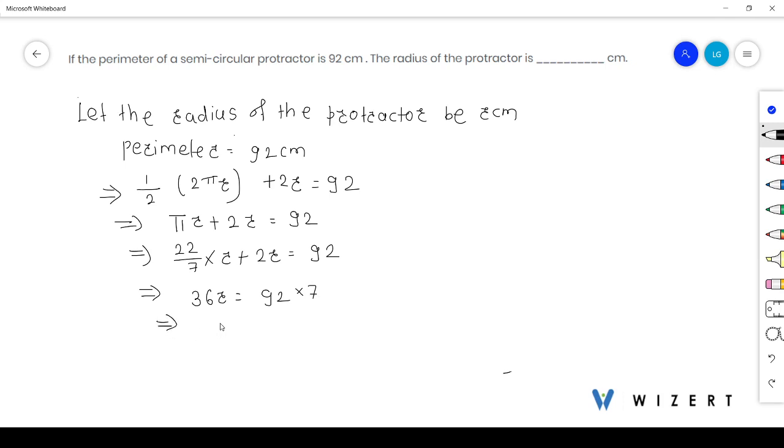Now divide by 36 both the sides, we get r equals to 17.88 centimeter.